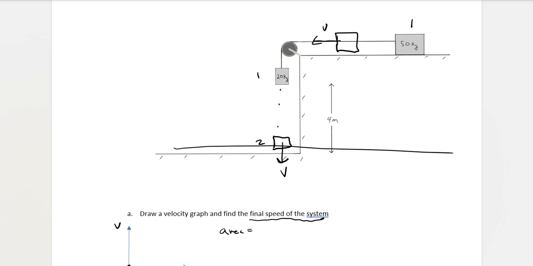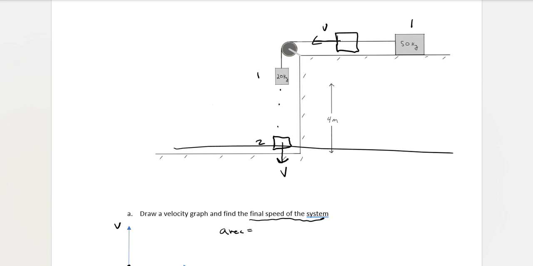And what that does is this object will not have a PE2. Oh, I'm sorry. Let me restate that. This won't have a PE2, but it will have a PE1 equal to mgh. My apologies about that.